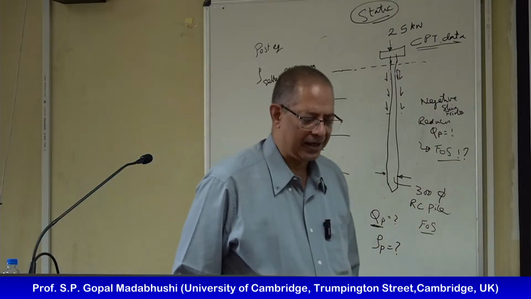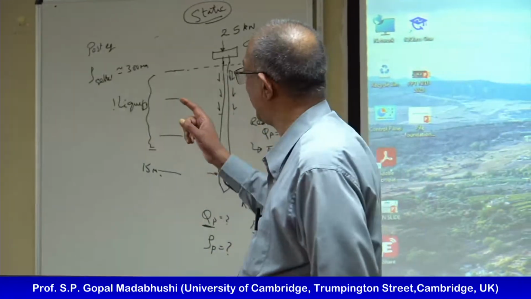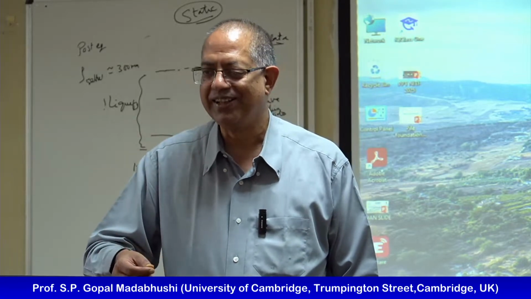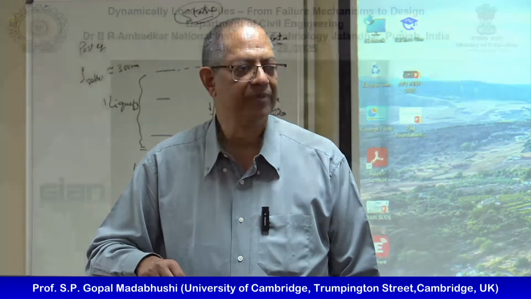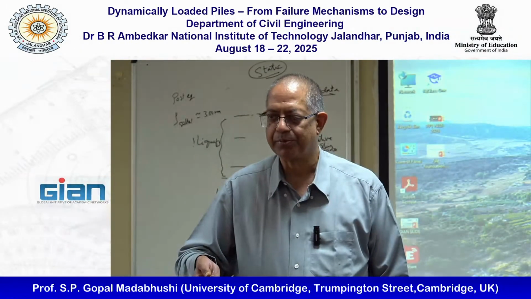So if you calculate the settlement of the pile, if that is less than 300 millimeters, that's when negative skin friction will come. If it is more than that, obviously it is settling more than the soil, therefore you will get positive skin friction. So that's the calculation.